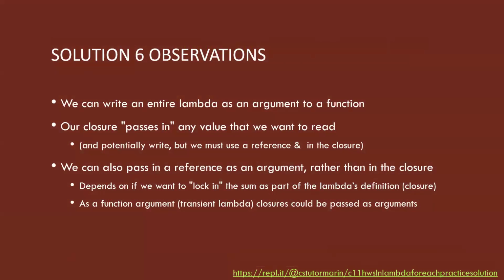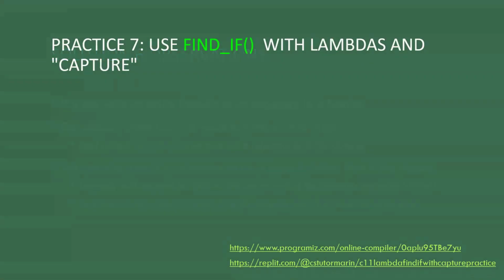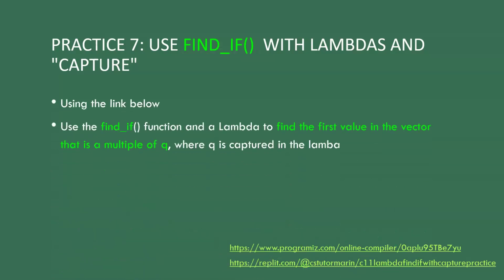Okay. So let's try one more pattern, and then I think we'll get you guys out of here or get you into lab. So find if is kind of like for each. We're trying to find something. Okay. So we're going to try to find the first value in some container that passes some if test. And the if test is going to be controlled by our lambda.